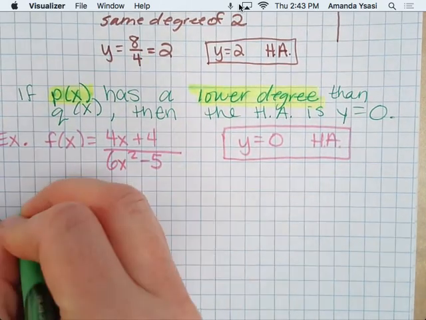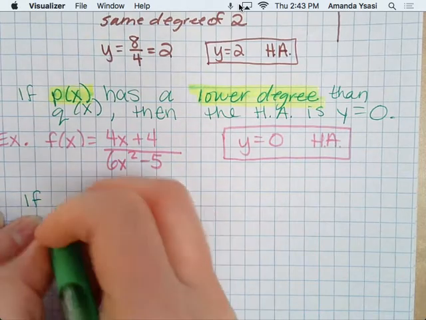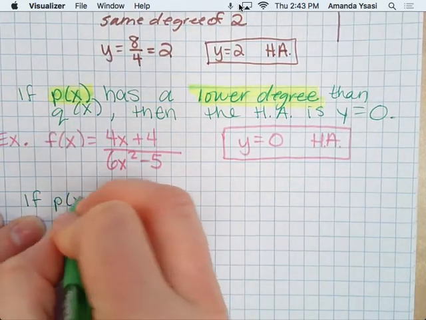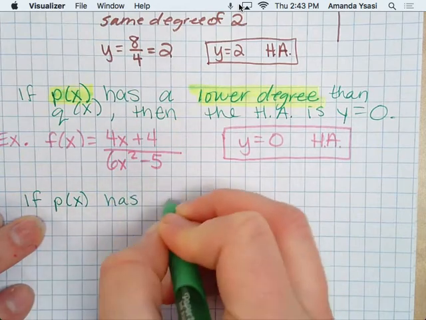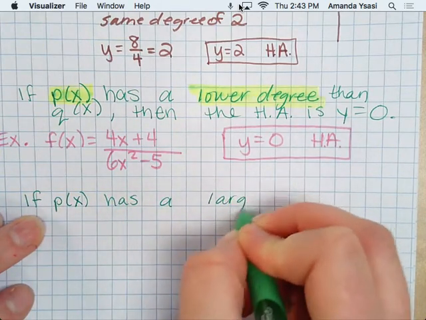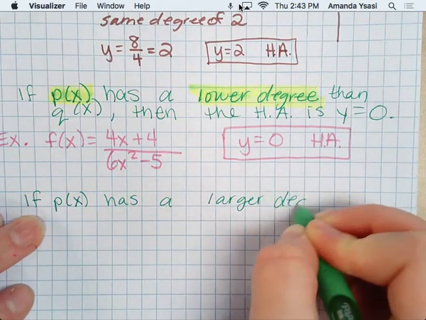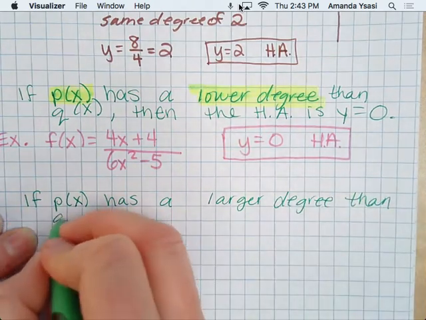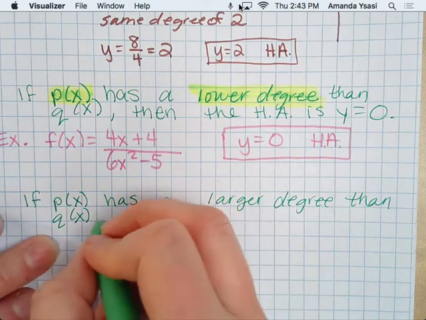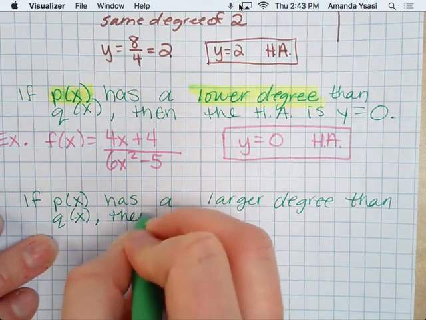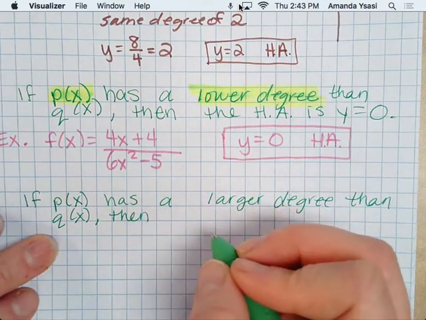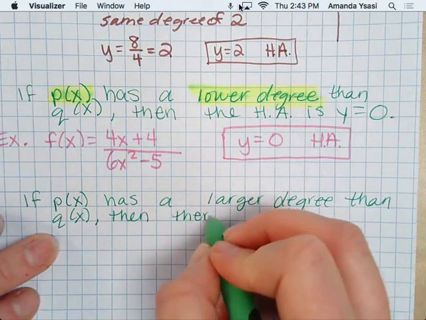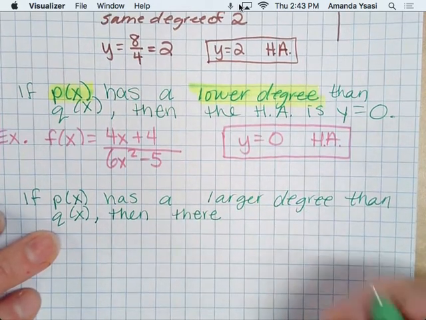Okay, so the last case is if P of X has a larger degree than Q of X, then there is no horizontal asymptote.